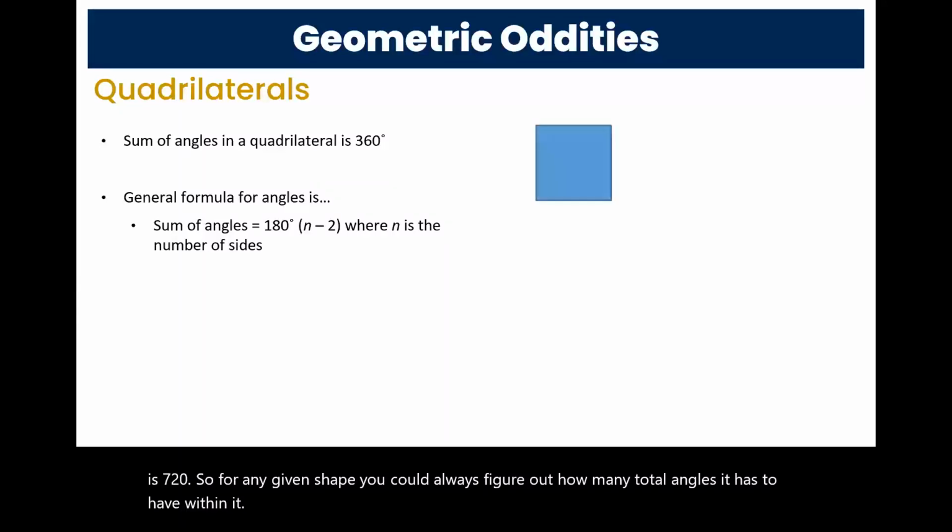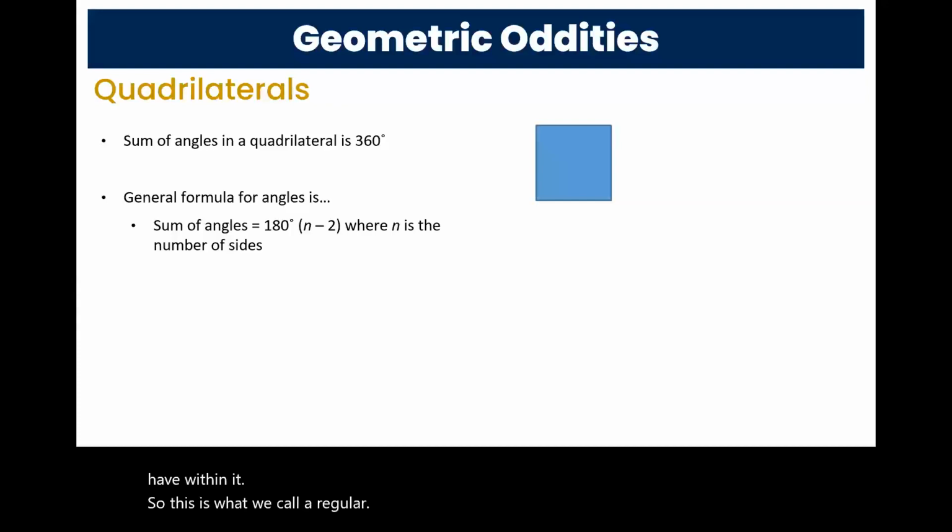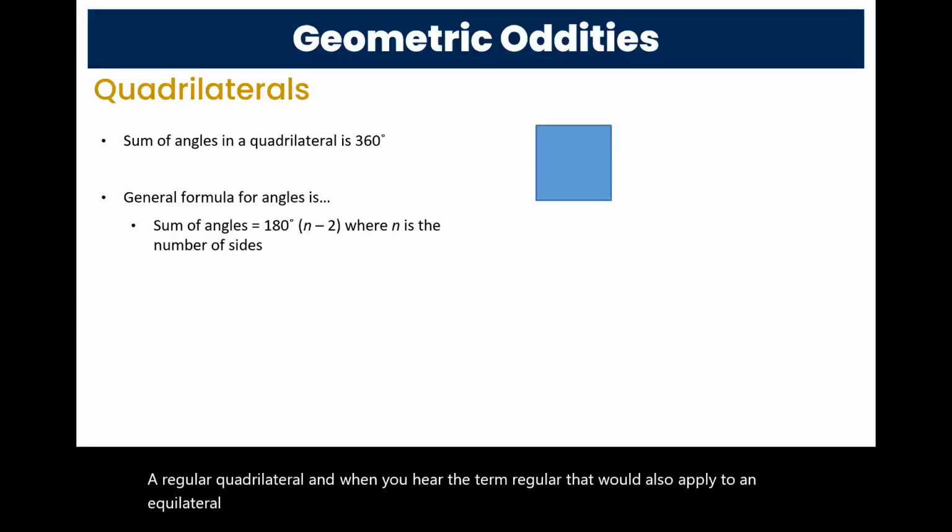So this is what we call a regular quadrilateral. And when you hear the term regular, that would also apply to an equilateral triangle. What does regular mean? All blank and all blank are equal.